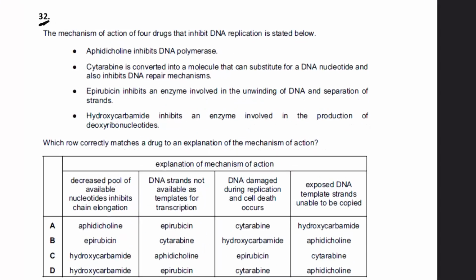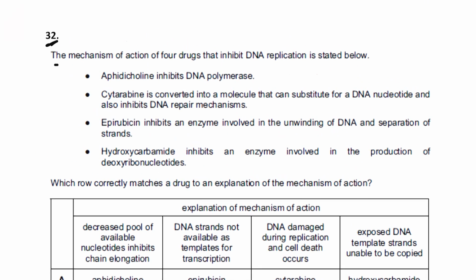Okay, the mechanism of action of 4 drugs that inhibit DNA replication is stated below. There is one drug known as acetylcholine that inhibits DNA polymerase.